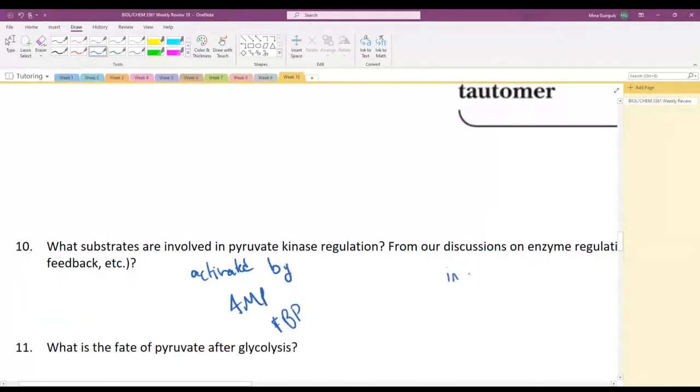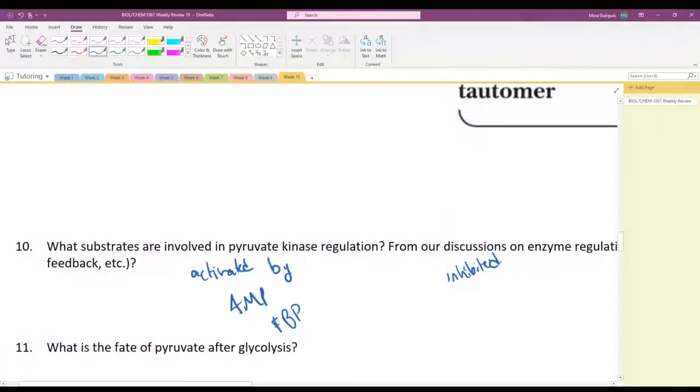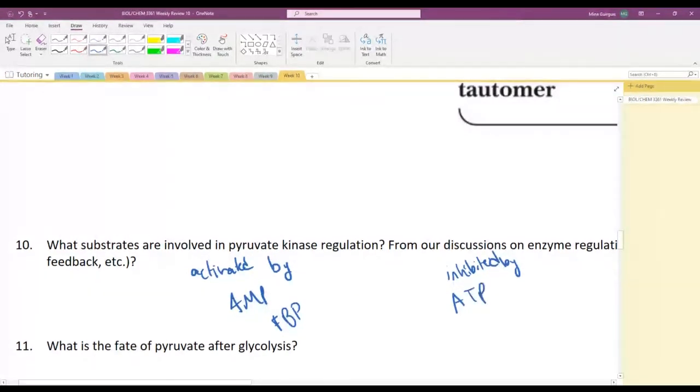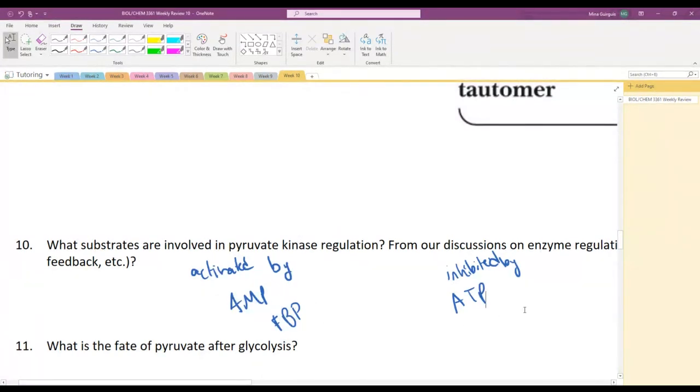It's inhibited by ATP, if you guys couldn't guess. And alanine, however, I think alanine is not often asked about. So let's think about this. ATP is once again a product of future reactions pyruvate can take part in. This is feedback inhibition.